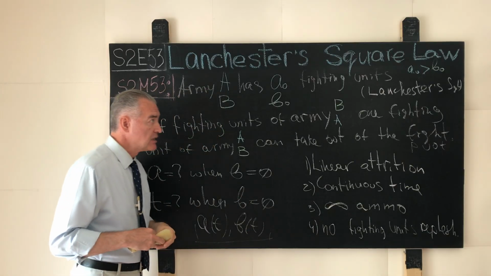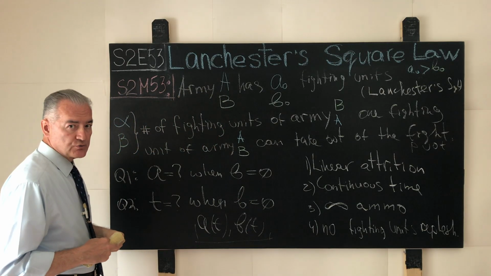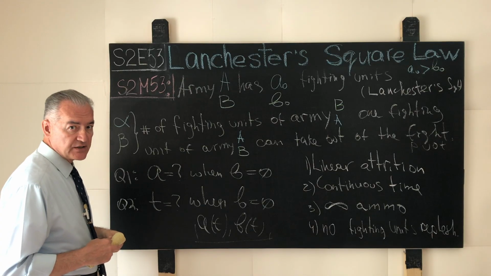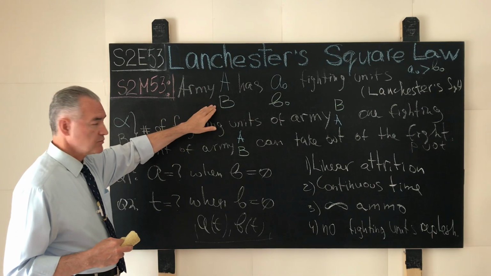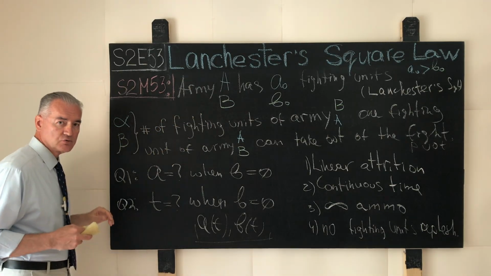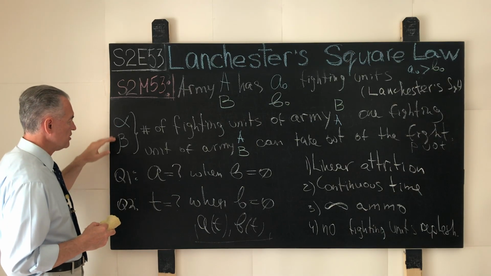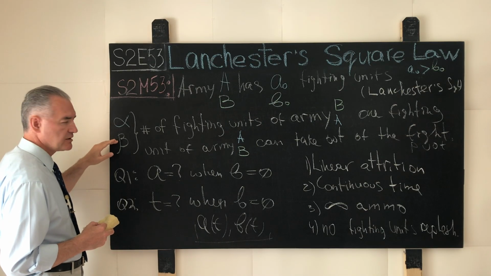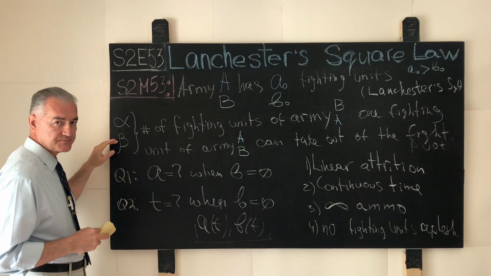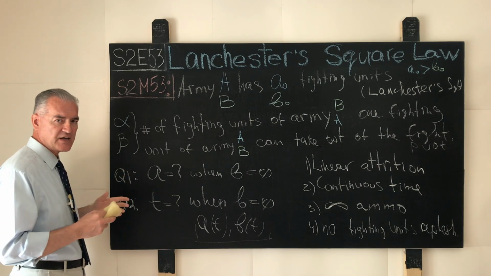We're also told that each such fighting unit in the Army A and the Army B possesses the so-called lethal skill captured in the symbols alpha and beta, and by our definition, sometimes this is called firepower.